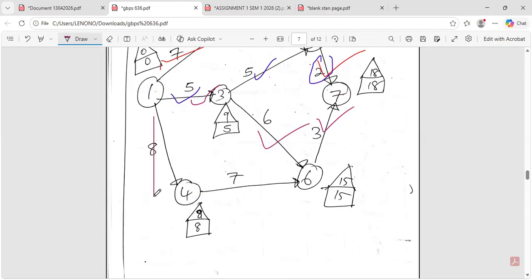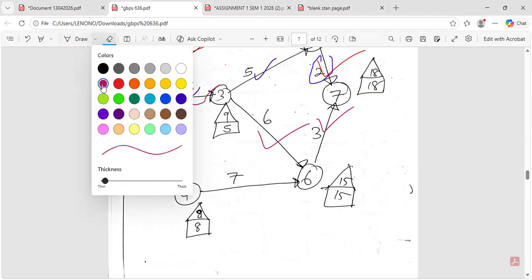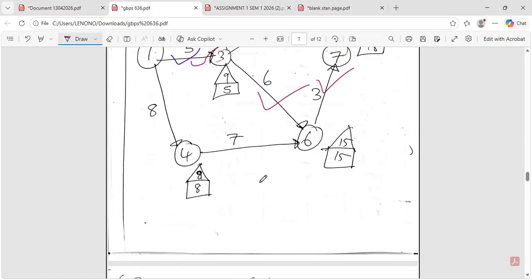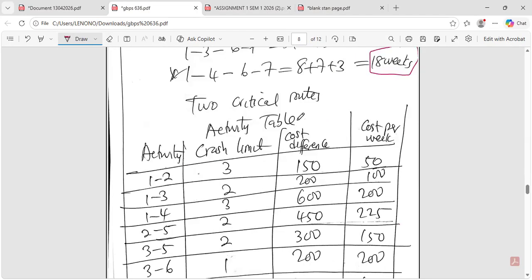And the last route will be this one. So this is what goes on. The critical activity here: there are two critical paths, 18 and 18. So you obtain two critical routes.